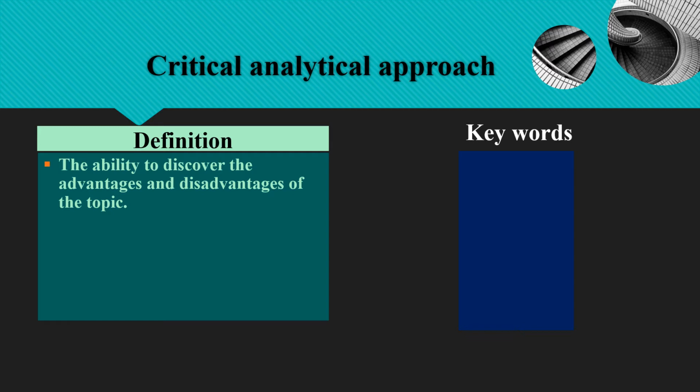First of all, the critical analytical approach is the ability to discover and know the advantages and the disadvantages of the topic. So we need to know the positives and negatives of the issue or the problem that we discuss. Then we need to stand back to criticize.